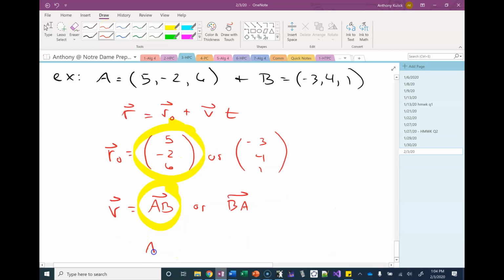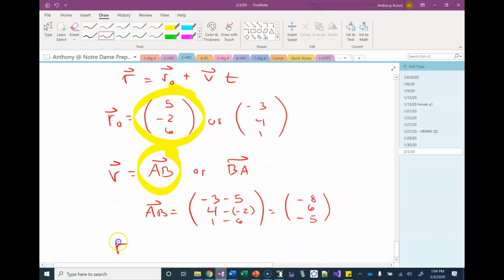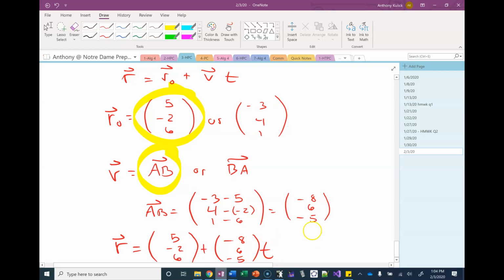Okay. So AB is going to be head minus tail. That's going to give me -8, 6, -5. So point vector plus direction vector times t, and we're done.